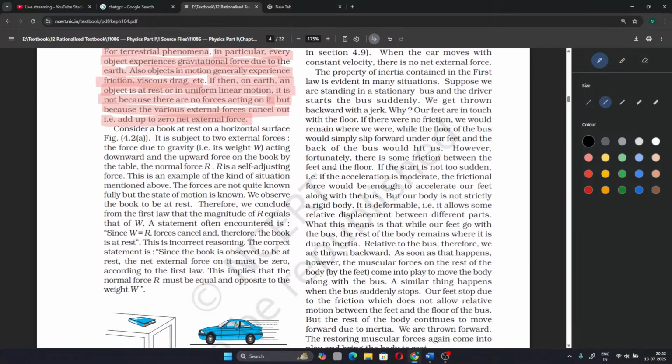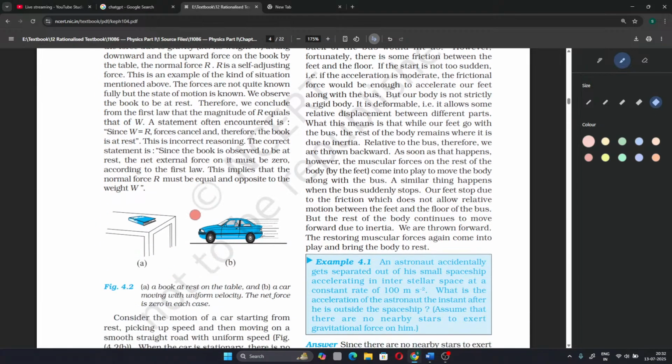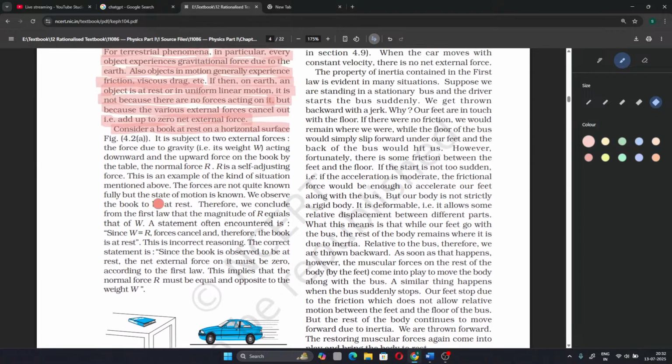That is what they said here. Consider a book at rest on a horizontal surface, like in this figure. It is subject to two external forces, meaning two external forces are acting on it.